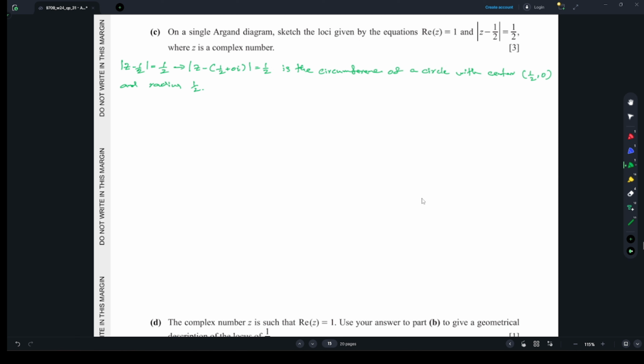Okay, and then real z equals to 1. So it's a vertical straight line.